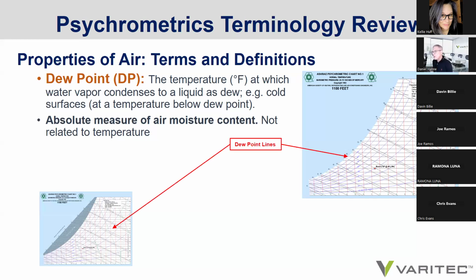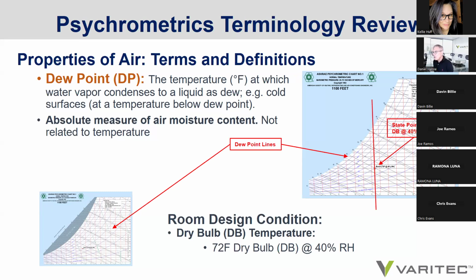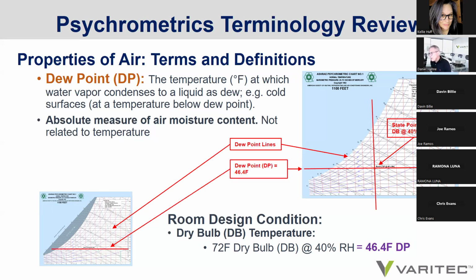So the dew point lines we find on a chart can be illustrated in this way. Once the state point is determined, and we draw the line from the dry bulb line through the state point, we look for the dew point line, which is parallel to the x-axis.